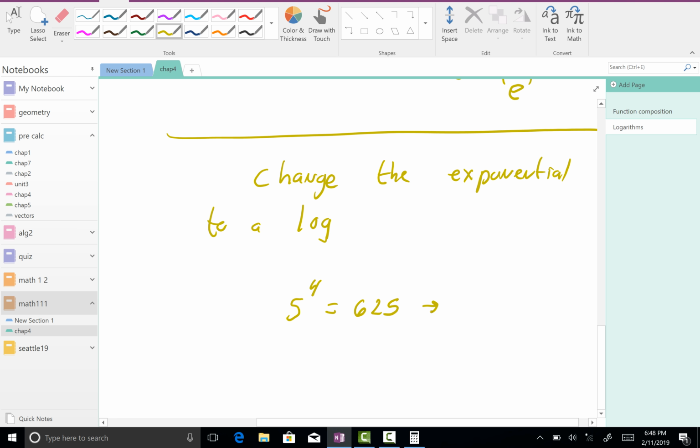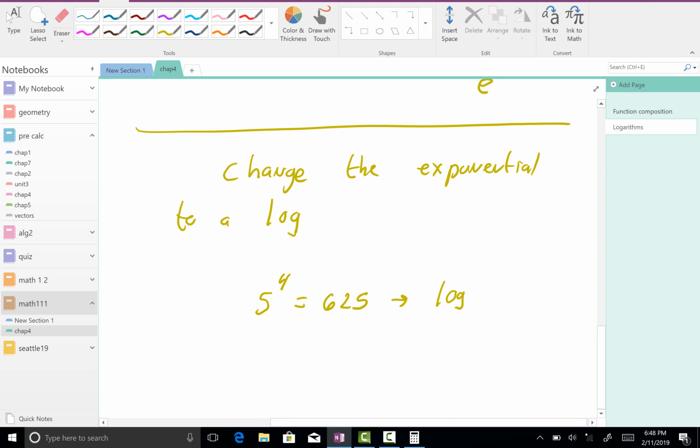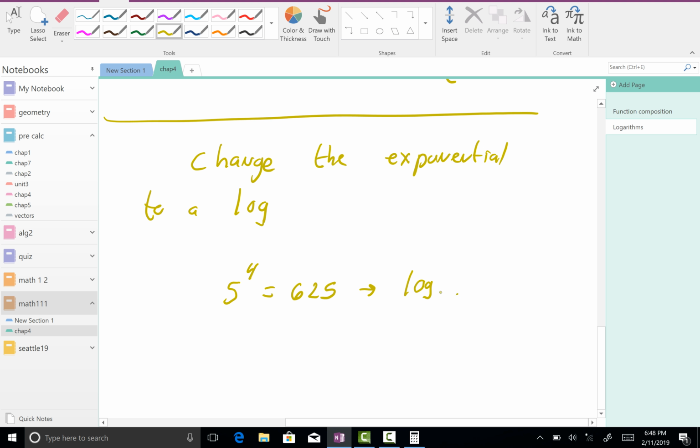You kind of want to pick out that base first, right? So we're going to have the log. What's the base of that? 5, good. And what are we going to take the log of? 625, because normally this would be the x, this would be the y, but here they switch because it's an inverse, and x's and y's switch. And this would be 4.